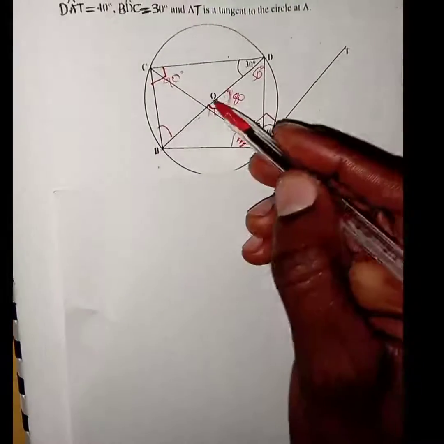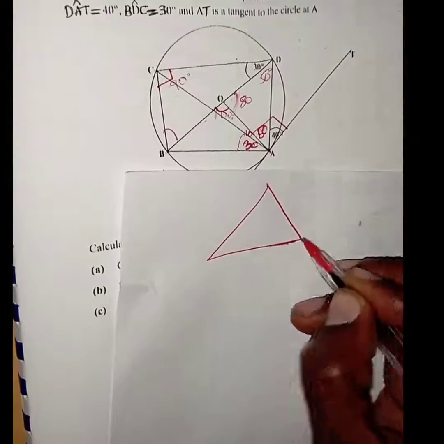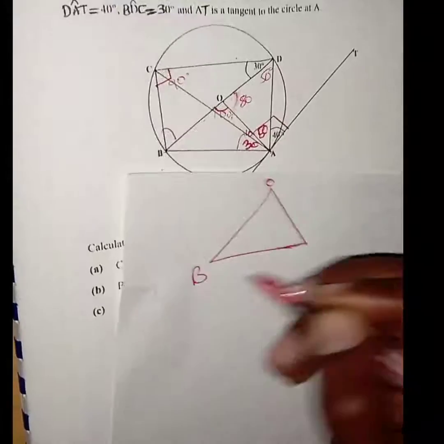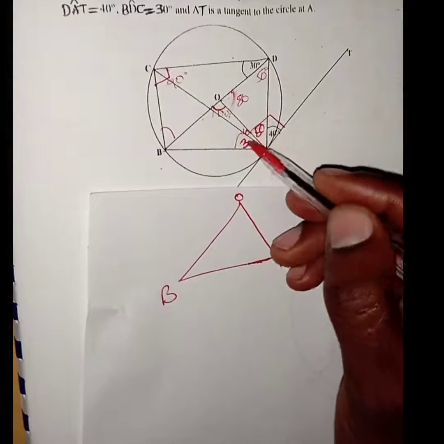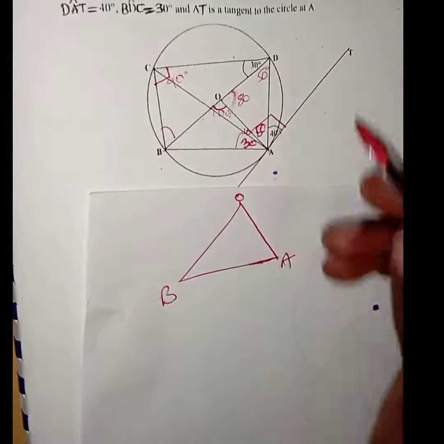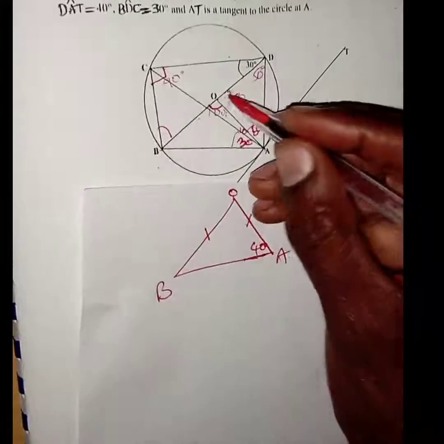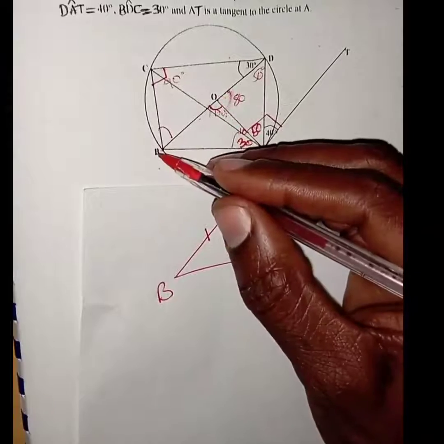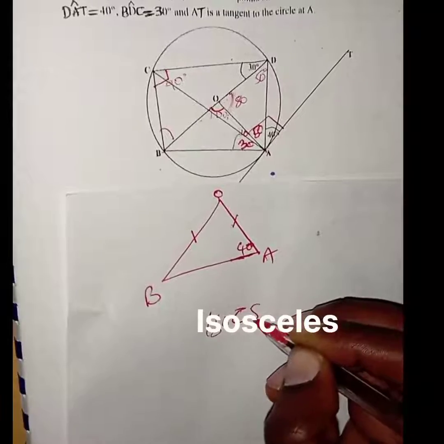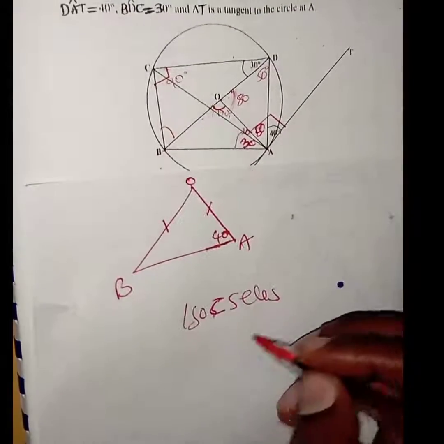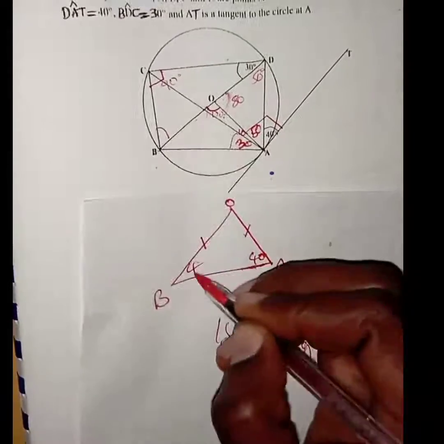Now, this one is an isosceles triangle. This is O, this is B, this is A. Now, this is 30. Have you seen line OA? There's 10 and 30 degrees, so we have 40 here. In an isosceles triangle, these two sides are equal. OA is a radius, OB is also a radius, so they are equal. So if this is 40 degrees, even here is 40 degrees.